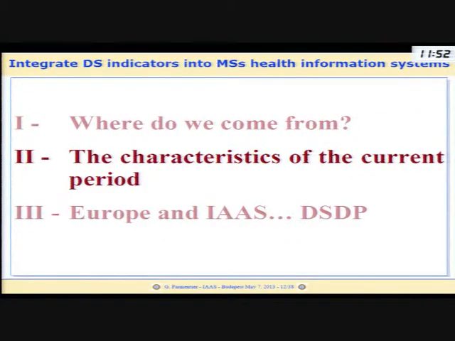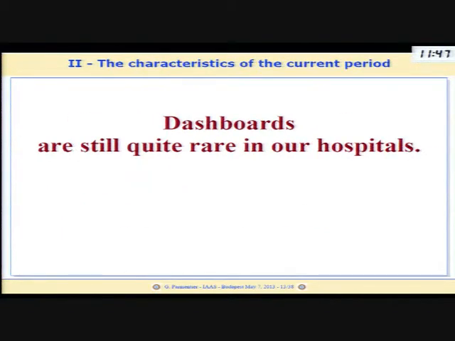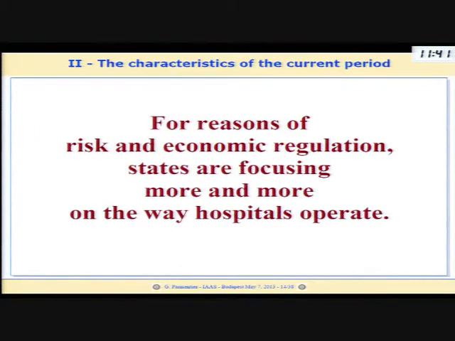Then, what are the characteristics of the current period? Dashboards are still quite rare in our hospitals. For reasons of risk and economic regulation, states are focusing more and more on the way hospitals operate.